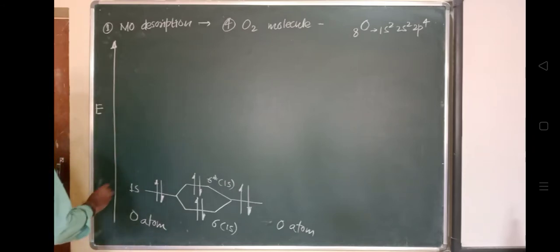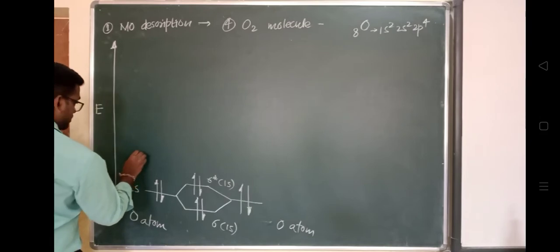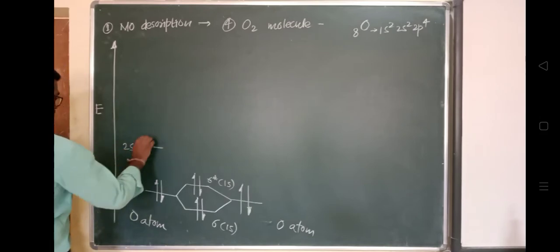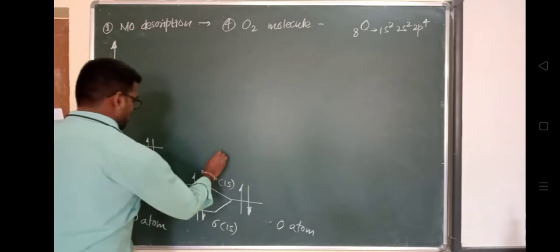Now the other atomic orbital that will take part is the 2s orbital. This is the 2s orbital of this oxygen atom, and this is the 2s orbital of the other oxygen atom.